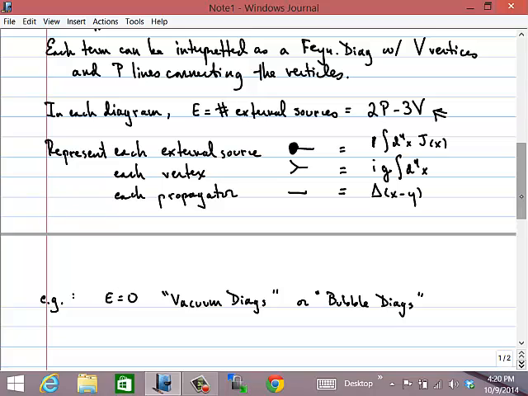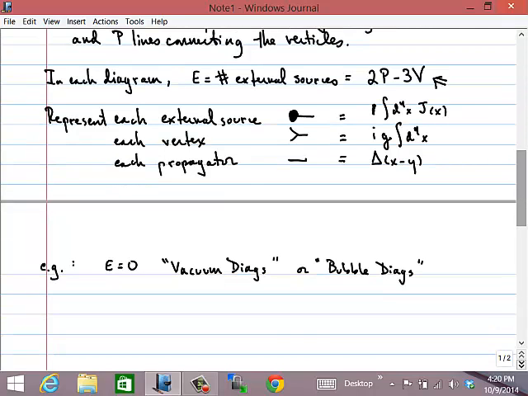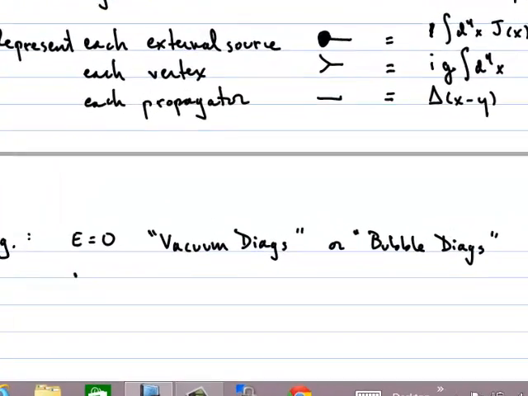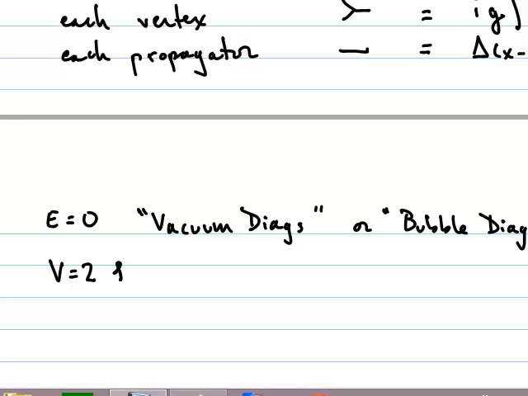So you can see, because E is 0, P and V are both positive, that the smallest possible vacuum diagram will have V equal to 2 and P equal to 3. That is to say, you have two vertices and 3 propagators.